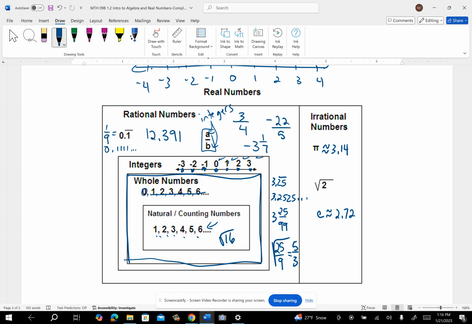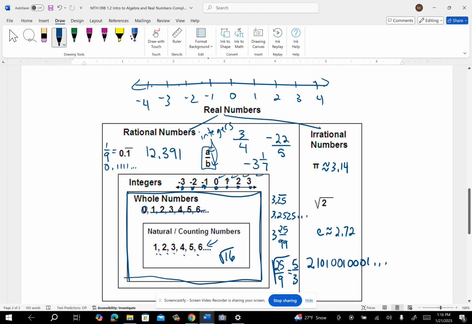All right, one other one, you could have a number like 2.101001001... That's a decimal that doesn't terminate and that doesn't repeat. It has a pattern, so I can do the ..., but it's not a block of digits being repeated. So it takes both the rational and the irrational to fill up the real number line completely, to name any number you could put on that number line.